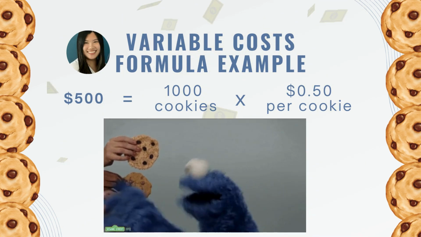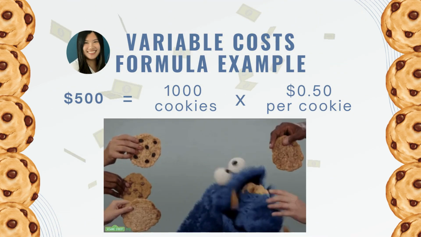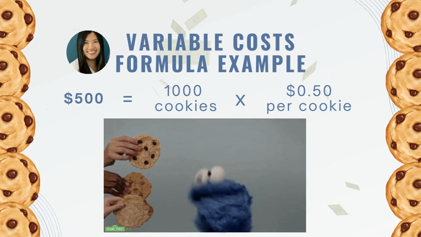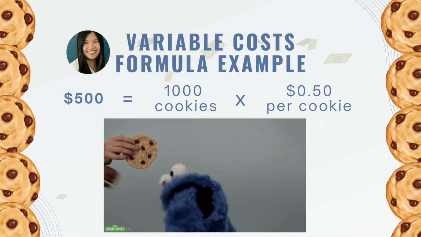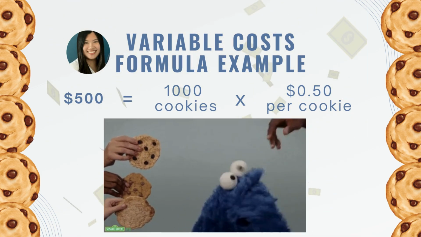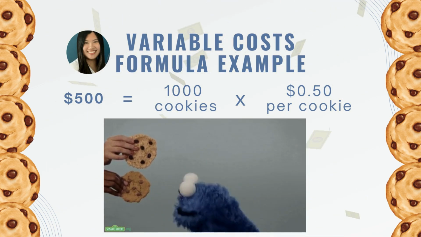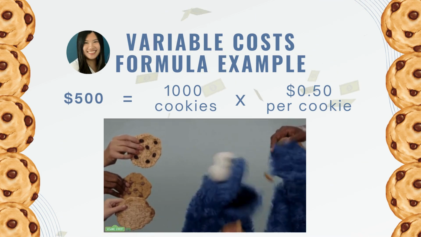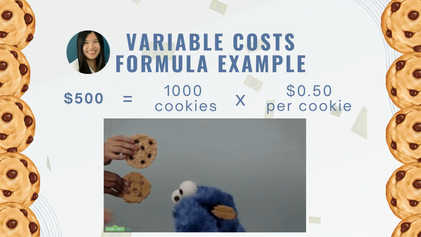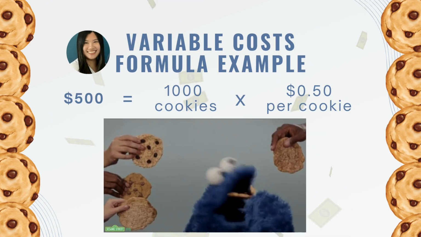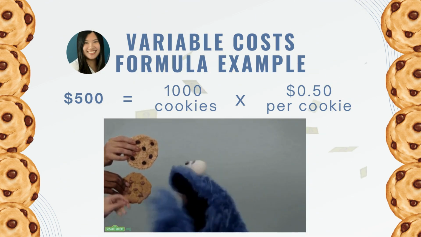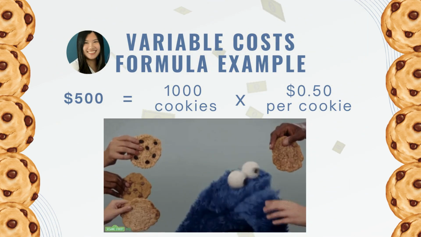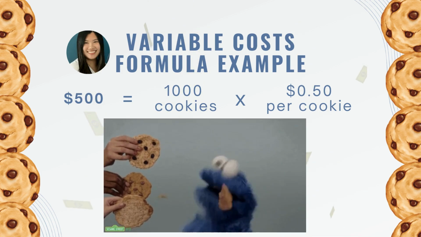To find the total variable cost, you would do 1,000 cookies times 50 cents per cookie. That makes $500. If the bakery increases production to 2,000 cookies, the total variable cost of ingredients would increase to $1,000.